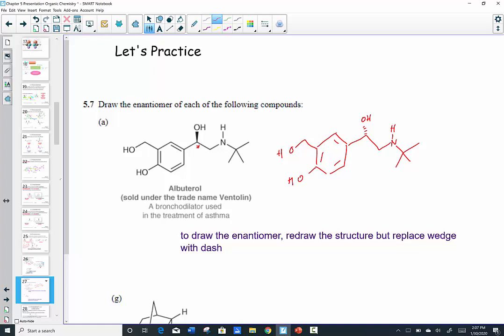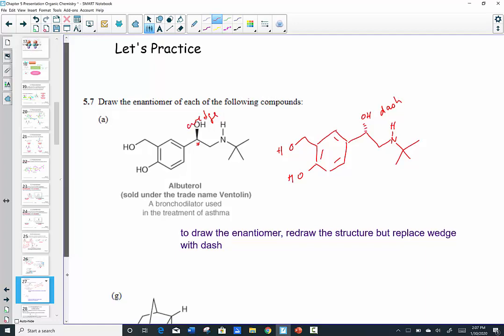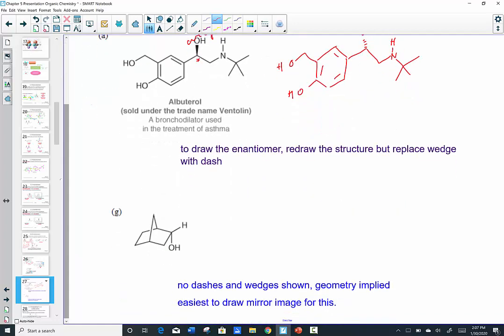I have the wedge hydroxide, I'm going to convert it to a dash. Sorry, I misspoke there. That is an enantiomer, redrawing the structure and just simply replace the wedge with a dash. Non-superimposable mirror images.